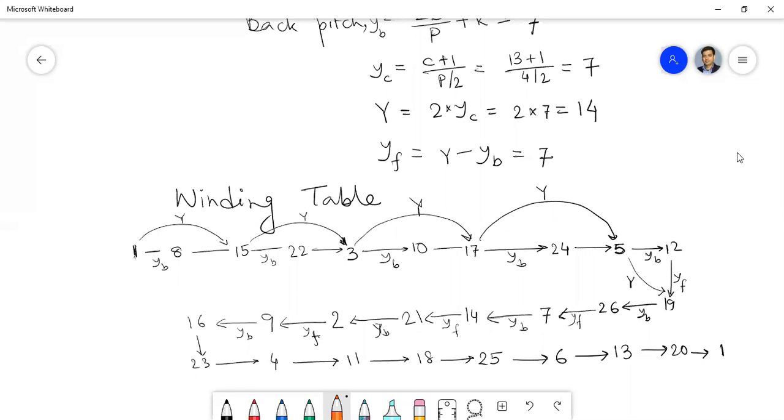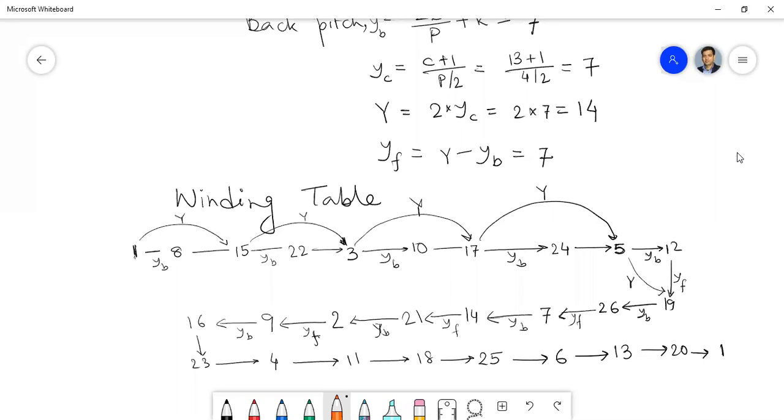In wave winding, any parallel path is distributed under all the poles inside the machine. Are you getting what I am telling? In lap winding, under one pole, one parallel path comes. But in wave winding, one parallel path comes under all the poles.